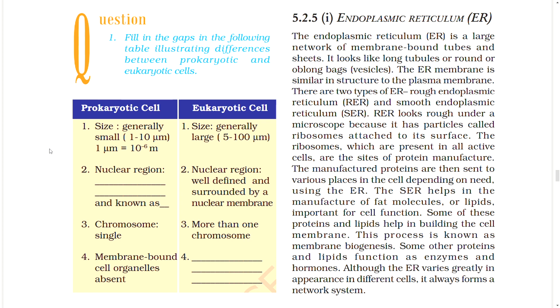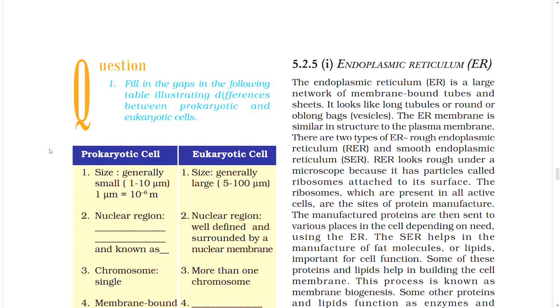5.2.51 Endoplasmic Reticulum, ER. The endoplasmic reticulum, ER, is a large network of membrane-bound tubes and sheets. It looks like long tubes, round or oblong vesicles. The ER membrane is similar in structure to the plasma membrane.